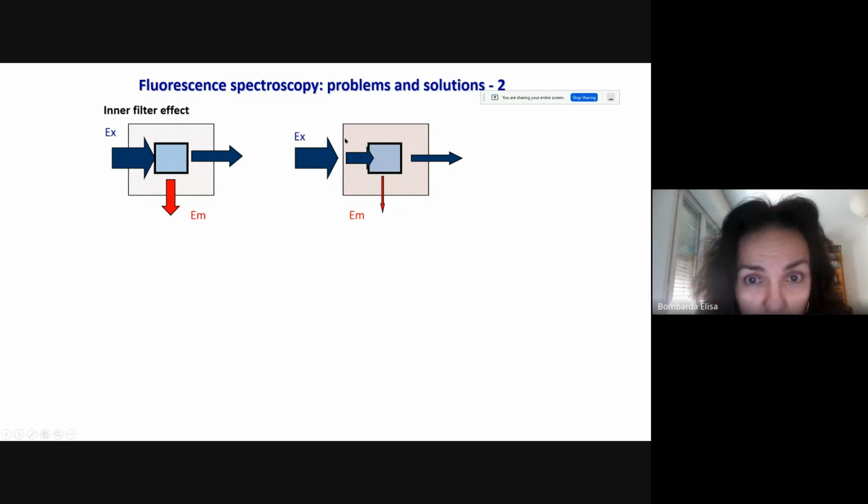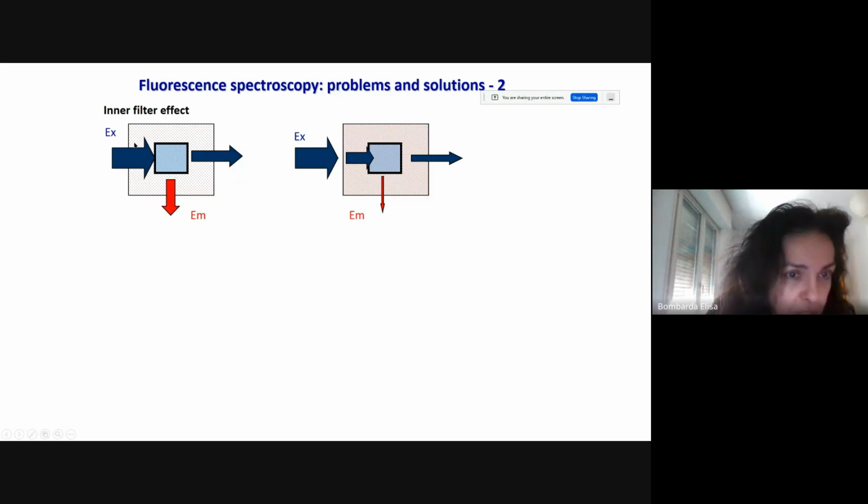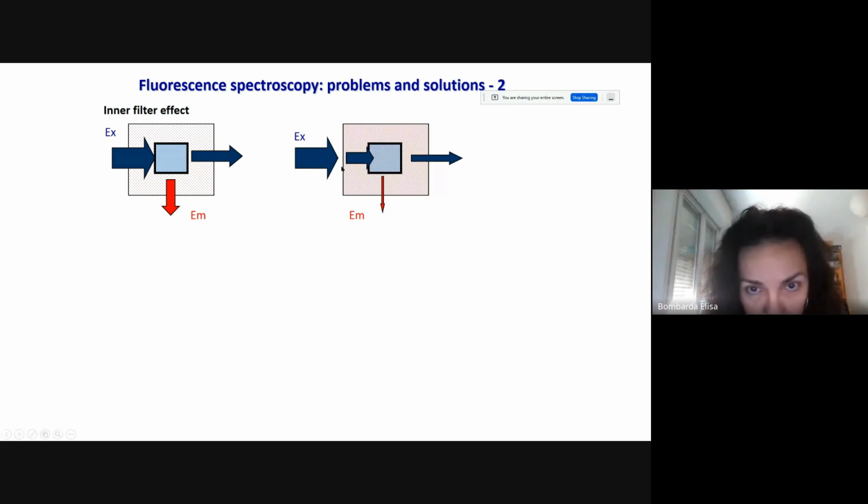Because all the molecules that are here will also absorb light. It happens also here, but it is negligible. In this case, it's not negligible. So practically, the photons that reach the center are much fewer than the ones that were sent by the lamp.